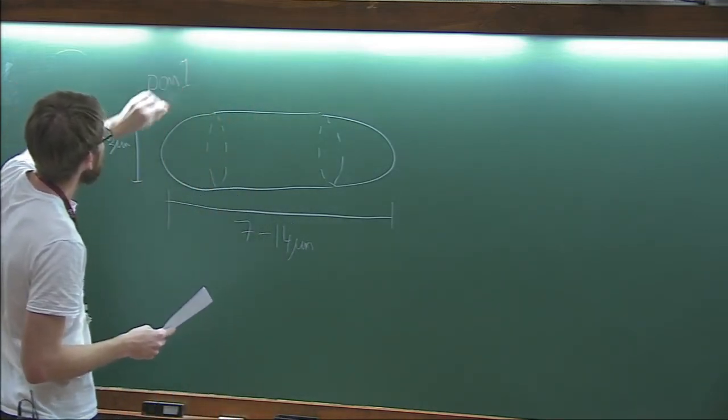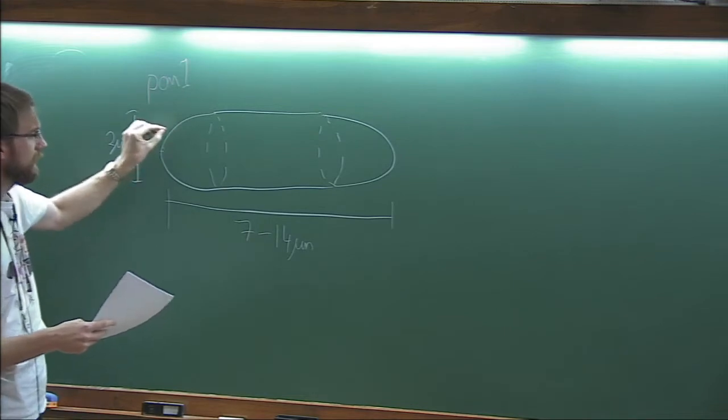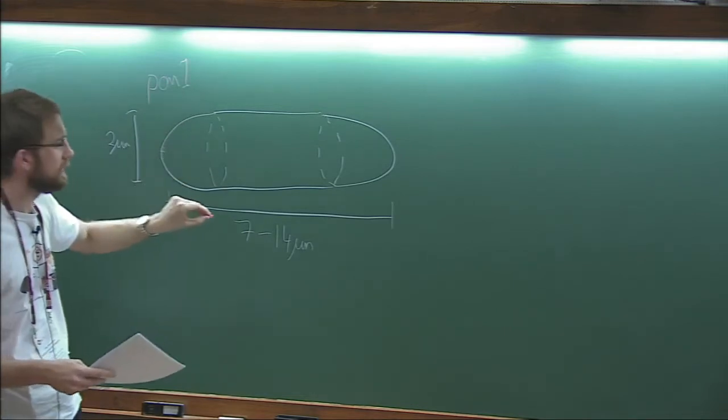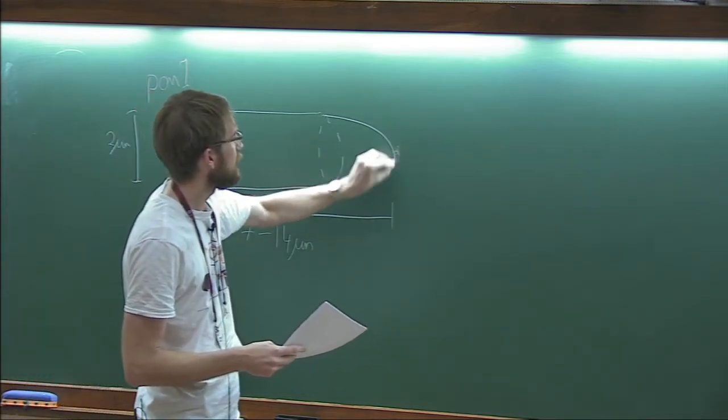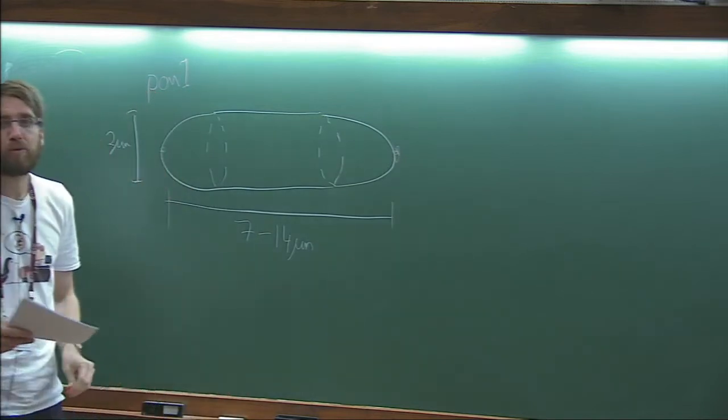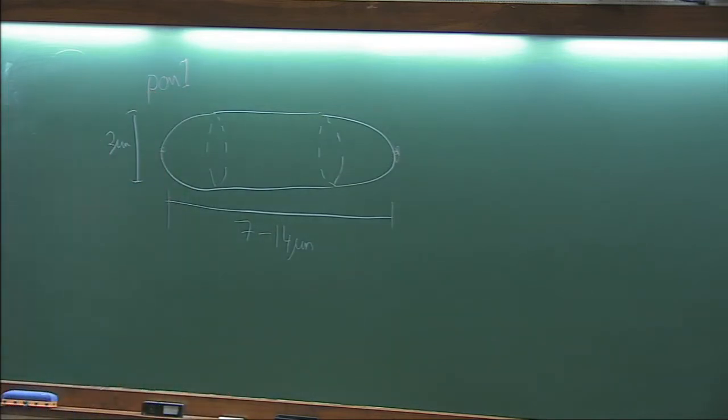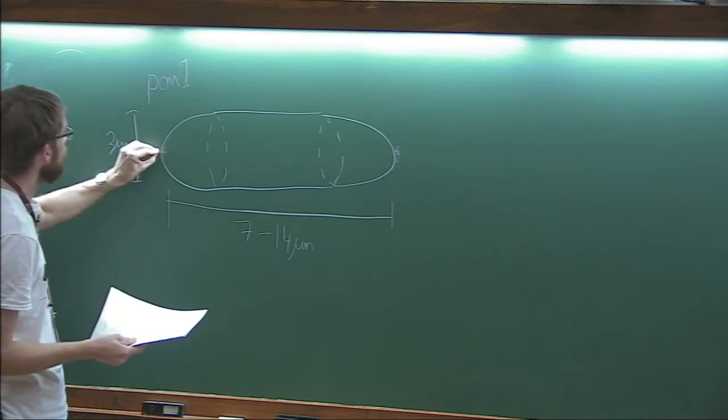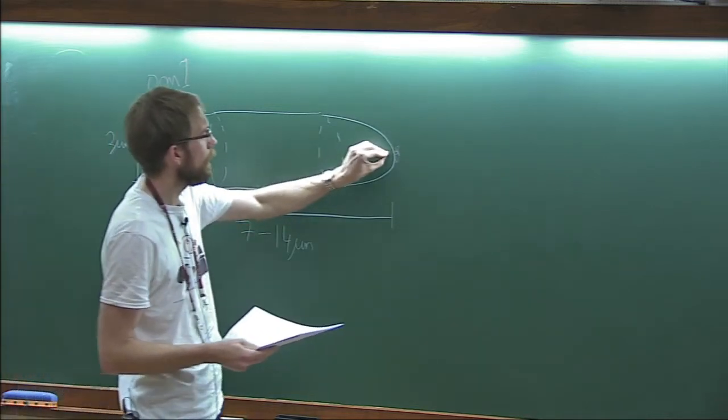And POM1 is basically, there's a microtubule network inside, I'm not going to draw it, that basically pushes it onto the membrane of the pombe at the poles. So you have an input here at each pole.